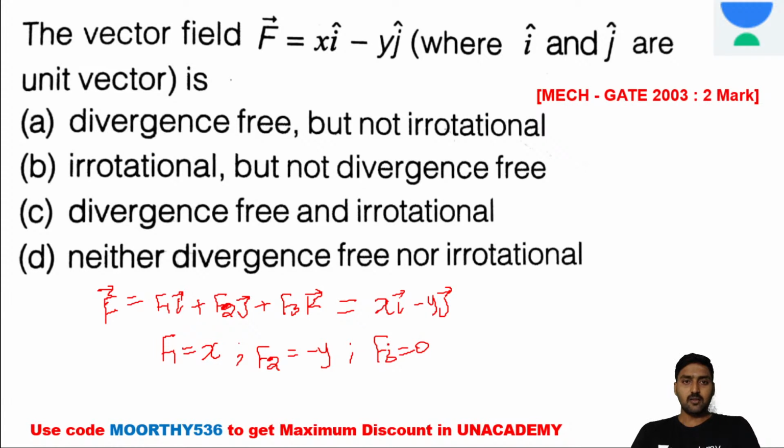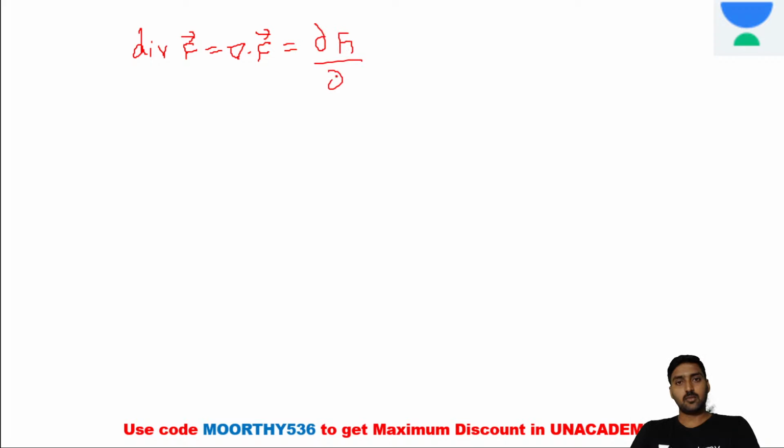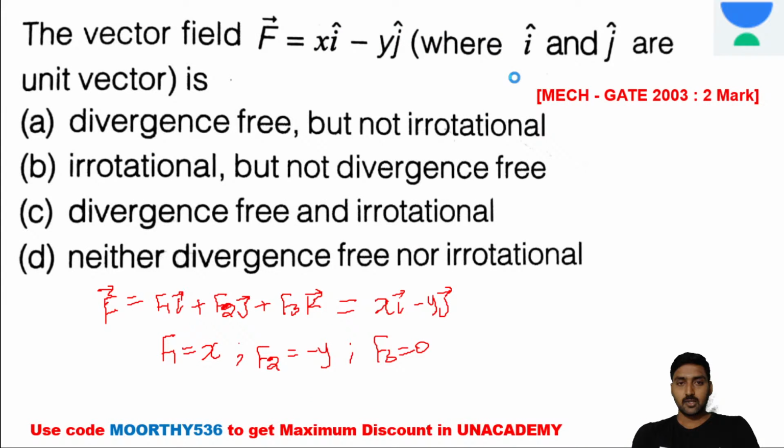Now, first, the divergence of the vector point function we need to apply, to see whether it's equal to 0 or not. The divergence of the F vector is del dot F vector, which is dou F1 by dou x plus dou F2 by dou y plus dou F3 by dou z.